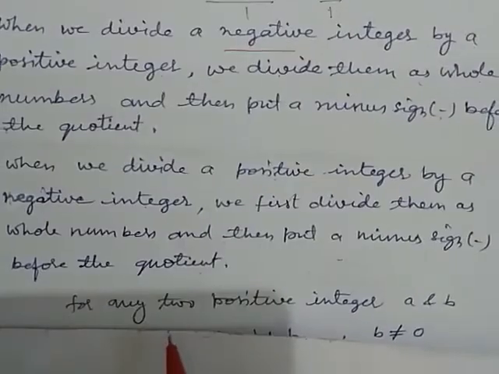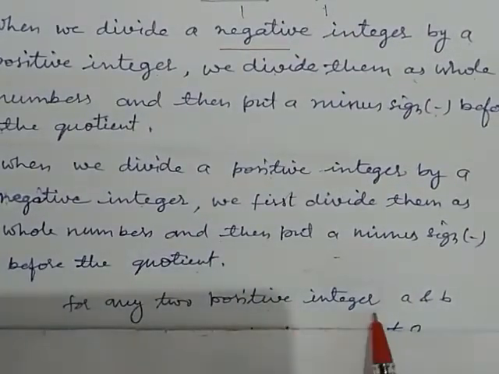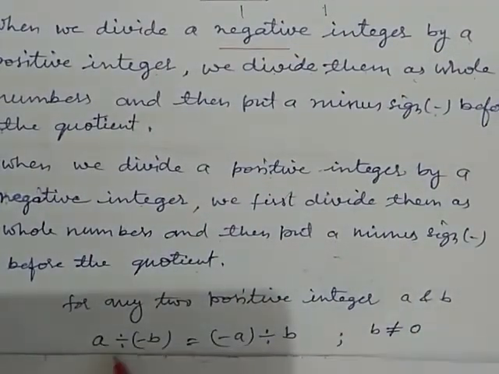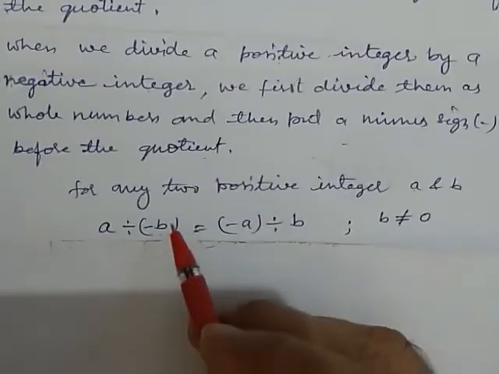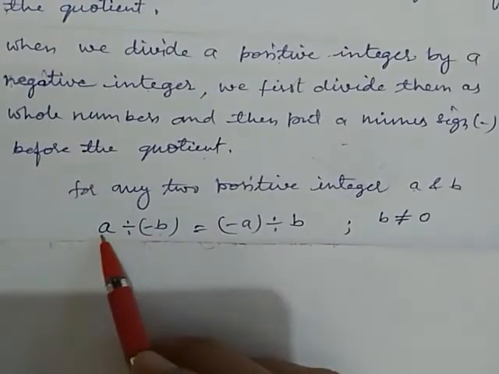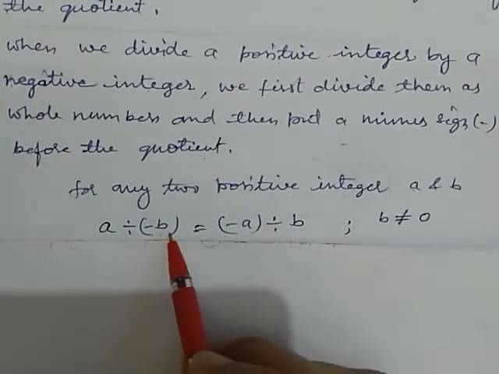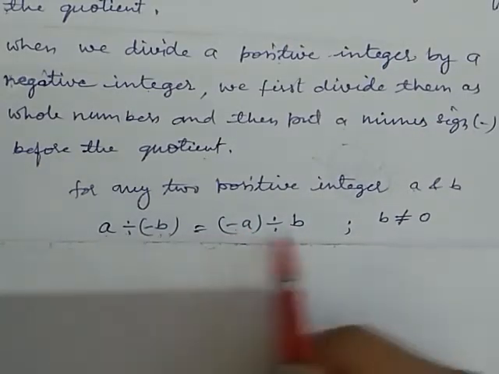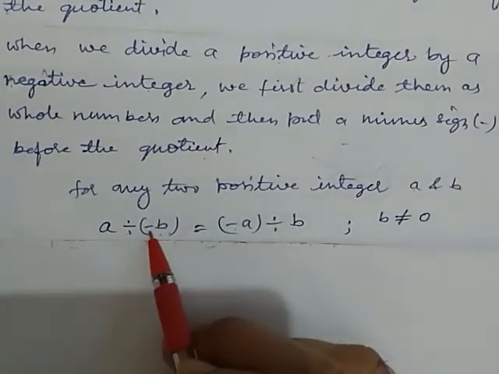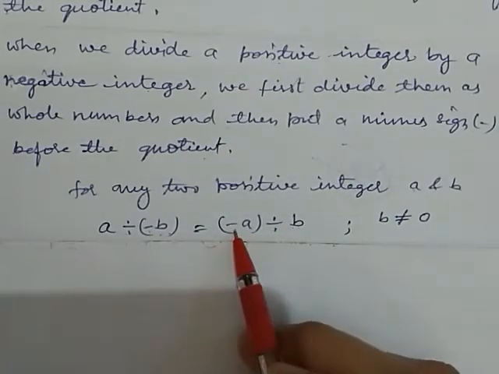Okay. For any two positive integers a and b, here a and b are integers, but here b has a negative sign. So a divided by minus b is minus a divided by b. Both cases are correct. Here one time we put the negative sign here and one time we put the negative sign here.